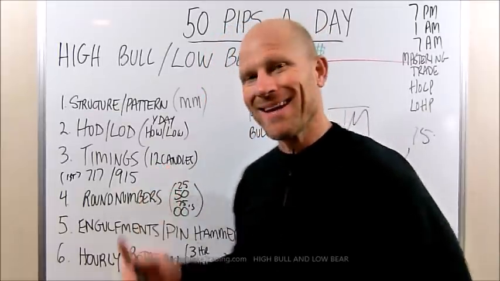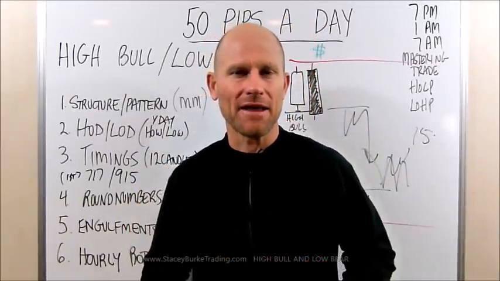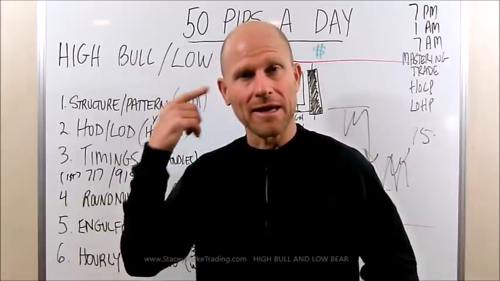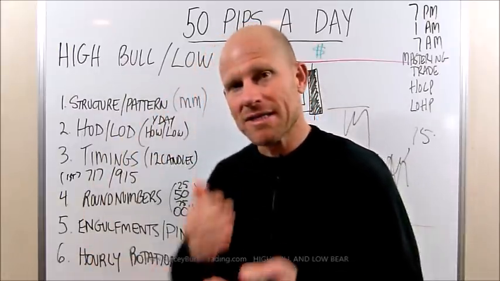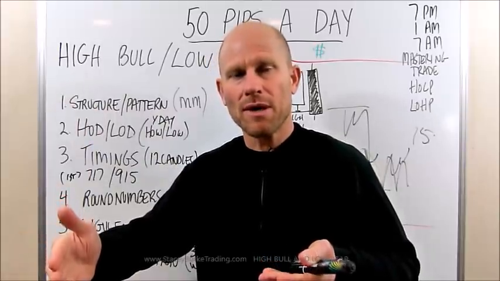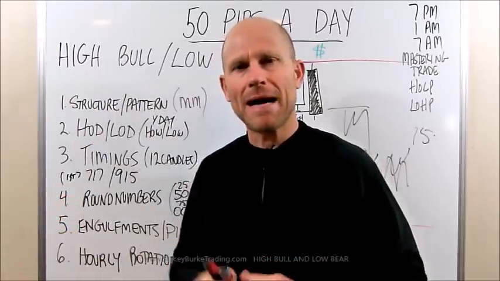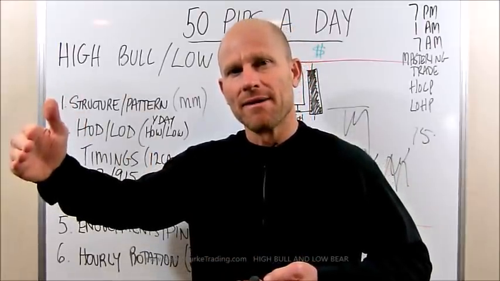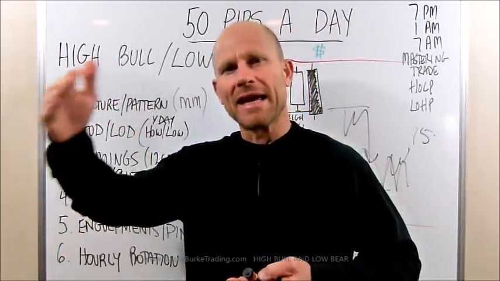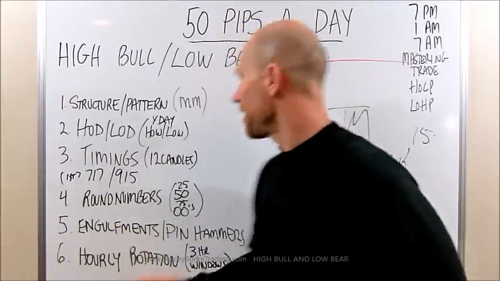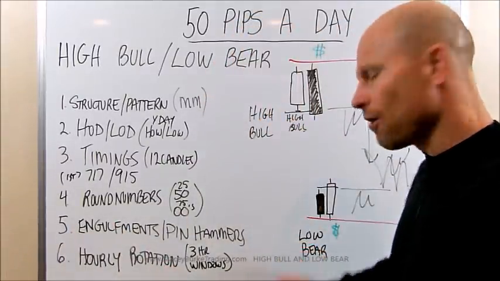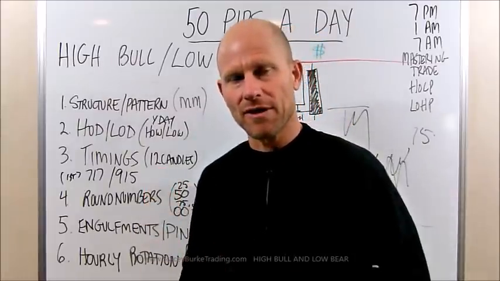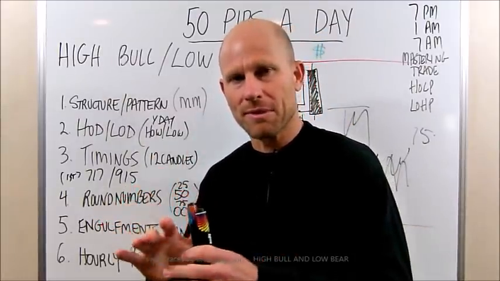But when a market extends outside of that 3-hour high and low, we talked about now thinking in the hourly rotation, because now we're into the next 3-hour window. So if we do the math in our heads and the market is trending, we want to be looking at the hourly rotation and then looking at high bull and low bear the closer we get to the next 12 candle window. We're going to go through some examples today.